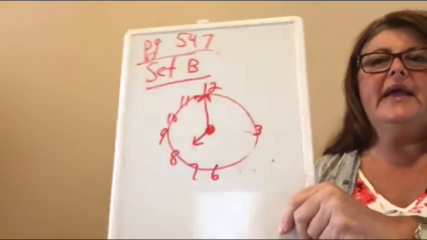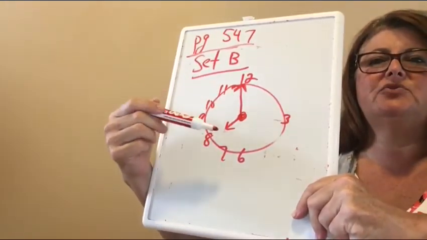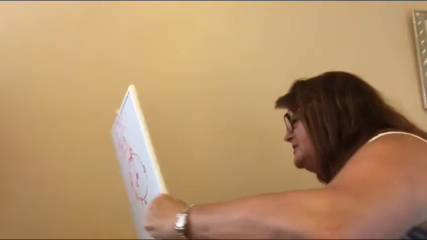So the long hand is the minute hand, the short hand is the hour hand. Why does it say 8 o'clock? Because the minute hand is on the 12, no minutes, and the hour hand is on the 8. 8 o'clock.